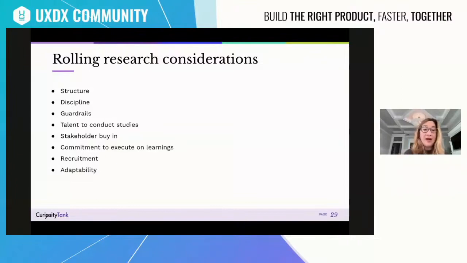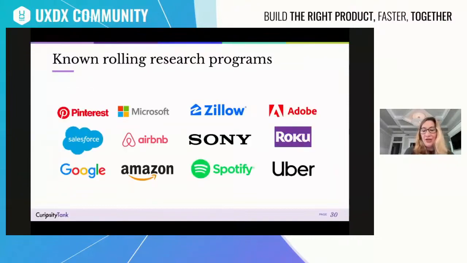You also want stakeholder buy-in, and there needs to be a real commitment to execute on the learnings. Some sort of recruitment process is going to be required in order for you to deliver on the cadence and adaptability. So those are just a few things that I would encourage you to consider if you're interested in building rolling research at your organizations.